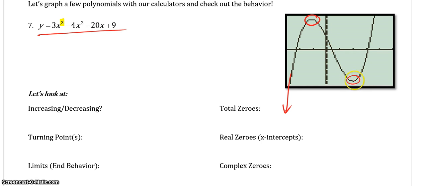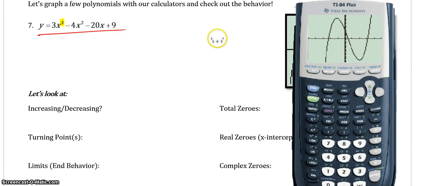Again, it's not the lowest the graph gets, but in this area relative to what's around it, it's a minimum. More specifically, we're going to call these turning points. When the graph goes from increasing to decreasing, this is a turning point. The graph here goes from decreasing to increasing. Again, we have another turning point. So let's use our calculator to calculate those turning points by calculating minimums and maximums.